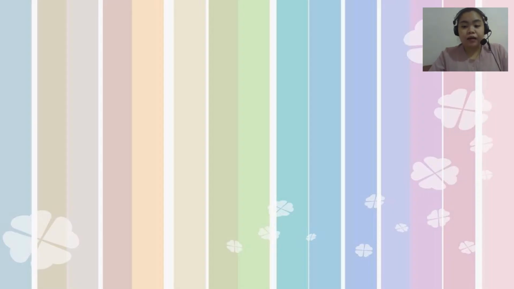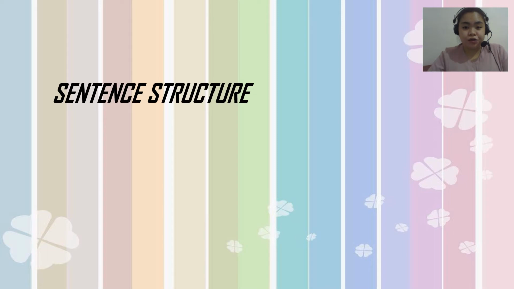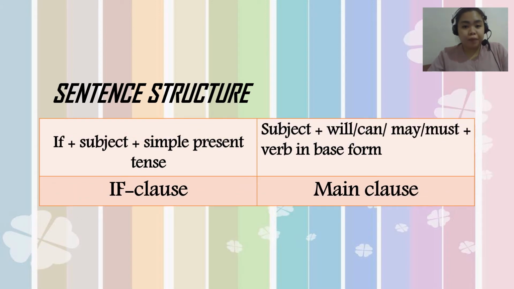So now, let's move on to our sentence structure. Just like in our lesson 1, we are going to have this sentence pattern so that we have a guide on how we are going to construct a sentence under future or predictive conditional sentences. So in writing the if clause, we have if plus subject plus simple present tense.